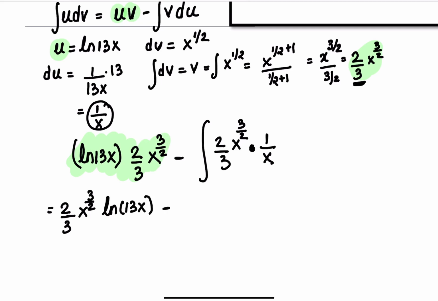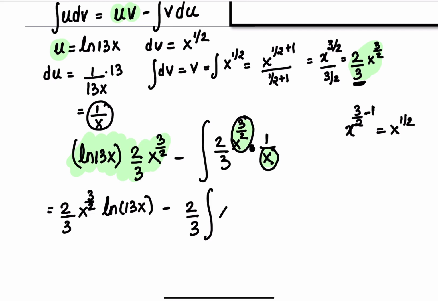Minus, I'm going to find the integral, but before I find the integral, I want to simplify these terms. When I divide the bases, I subtract the powers. So this is going to be 2 over 3 times the integral of x to the 3 over 2 divided by x, which is x to the 3 over 2 minus 1, which is x to the half.